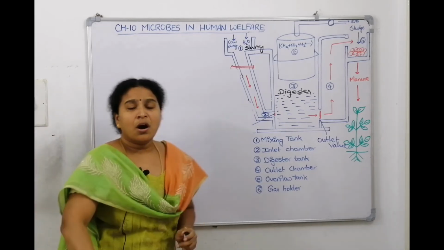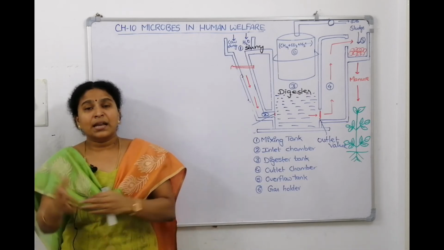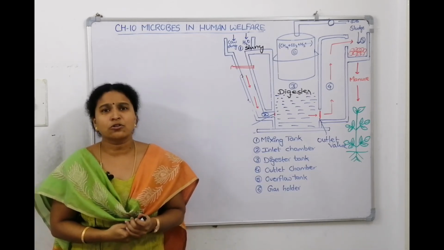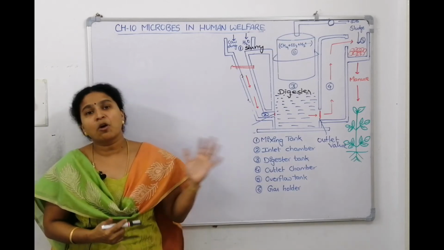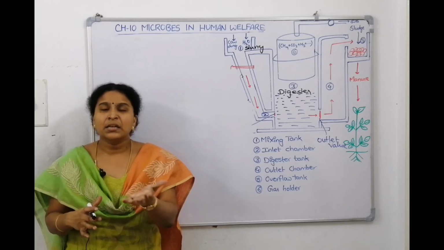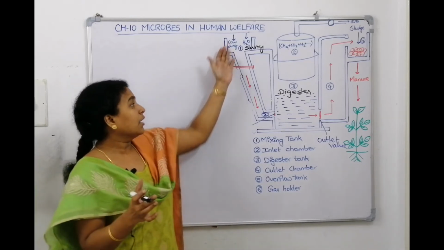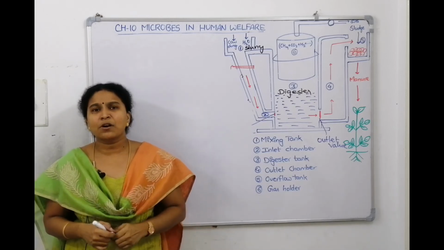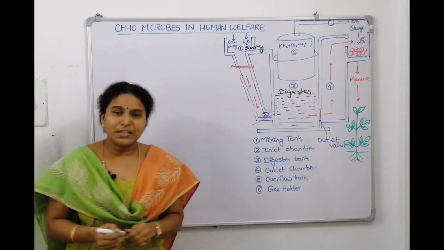So it is not good. Or they used to cut down the trees, get wooden blocks, and with that wood they used to generate fire. That is also not good. So when we come to know about biogas technology, instead of using cow dung cakes, they can use the cow dung here and generate gas which burns fast. It's inexpensive also for them because it is coming from waste material.